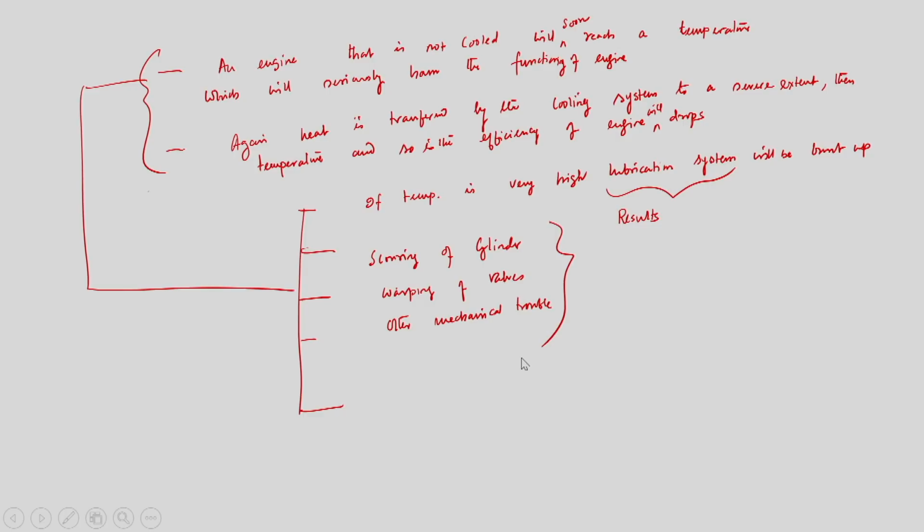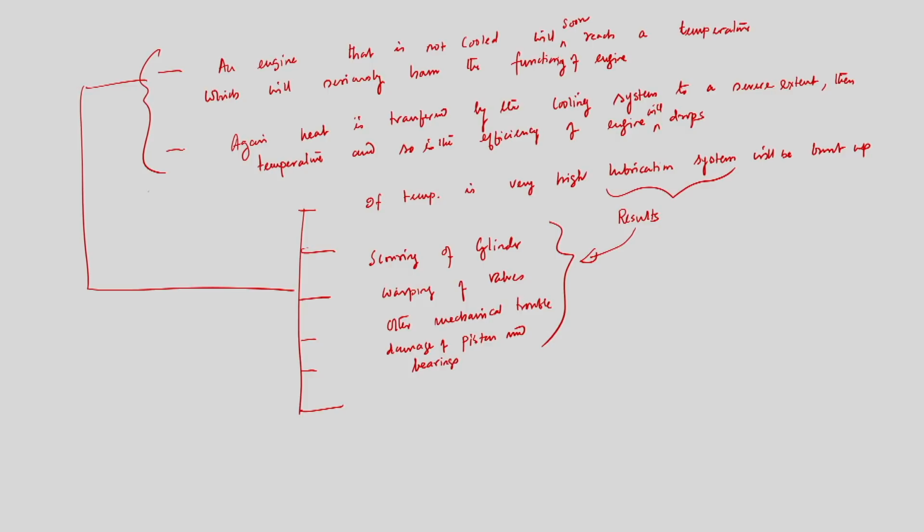If temperature is very high, the lubrication will burn off and eventually result in these problems like scoring of cylinder, warping of valves and other mechanical trouble. Piston and bearing will also be damaged. These are the problems.